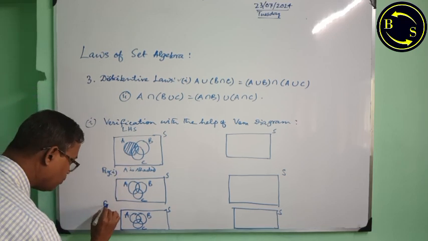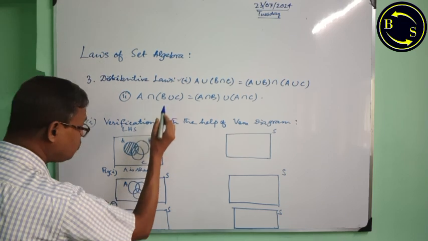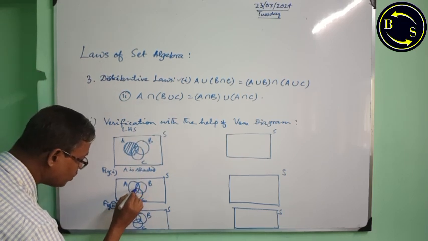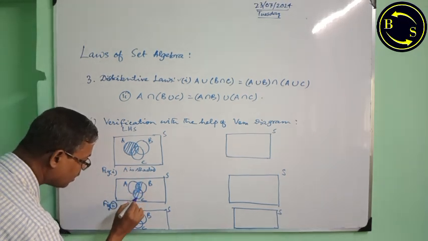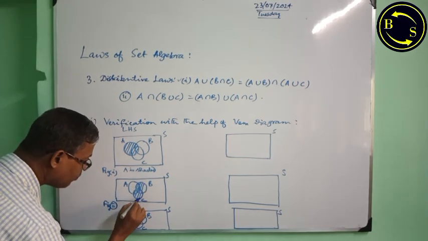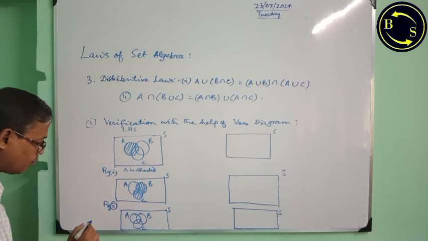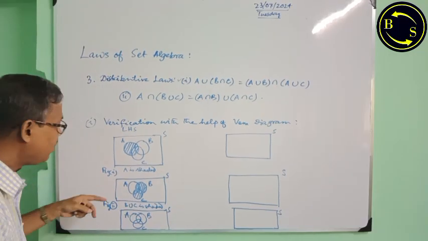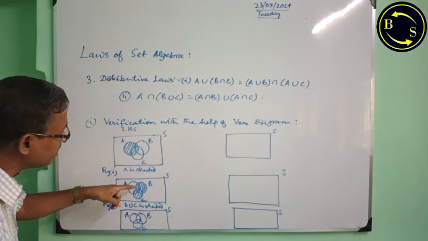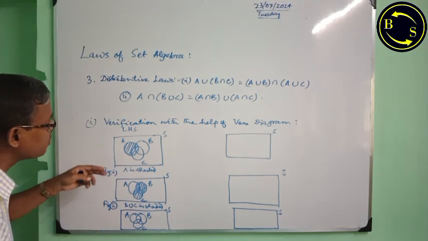Then figure 2. B union C. We said that in the second diagram I have shaded B union C. Then use your concept.